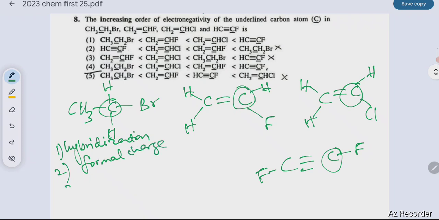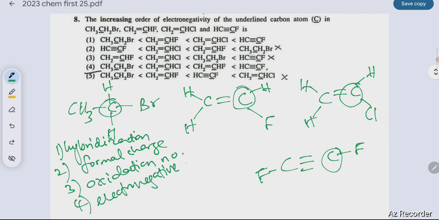Third, we have to consider the oxidation number. Fourth, we have to consider the electronegativity of the atoms which are bonded to the considered atom.